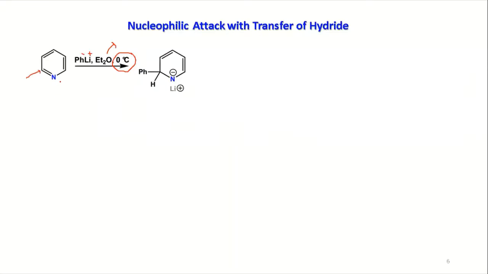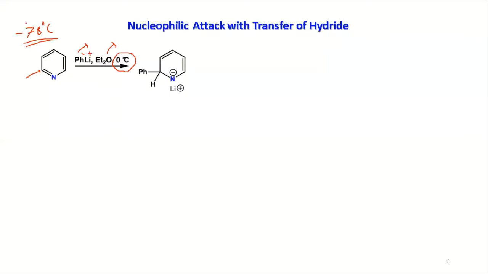Now here one thing I will mention: generally the alkyl lithium or aryl lithium reaction is done at very, very low temperature. The temperature you note down is generally minus 78 degrees centigrade. This is the temperature we generally use.